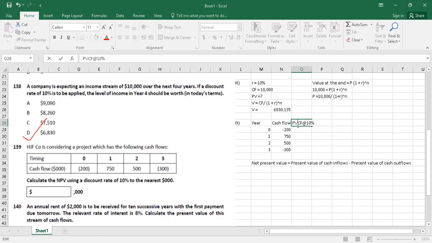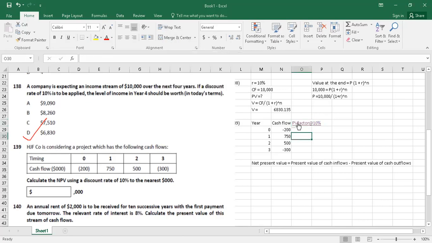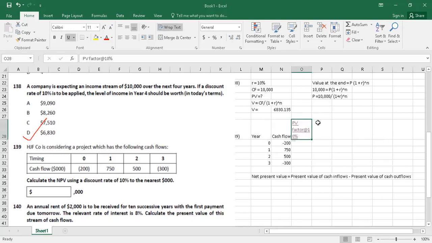So let me just write a PV factor, PV factor at 10%.